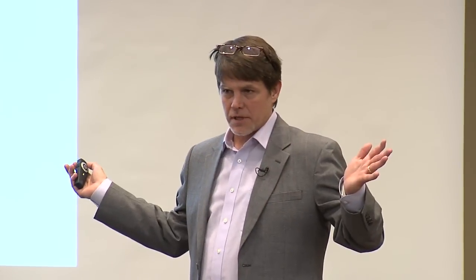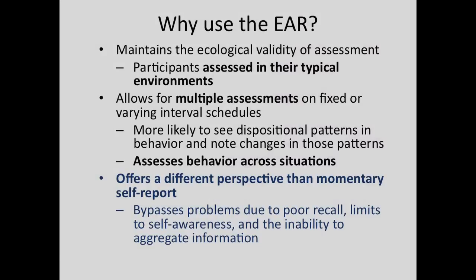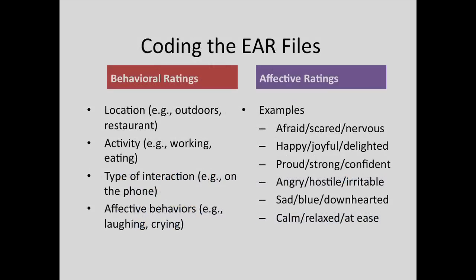So once they get used to it, they wear it around, and it just comes on and records whatever's out there. Now that might sound weird, but there's some evidence that even from those small samples of sound, you can code accurately what people are doing, their location, type of interaction, certain affective behaviors.